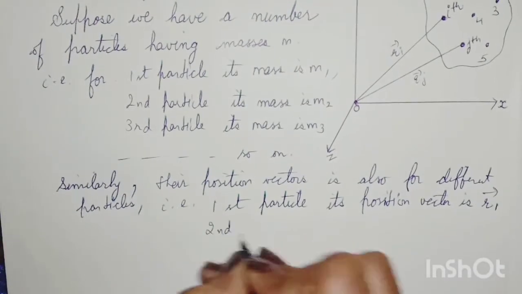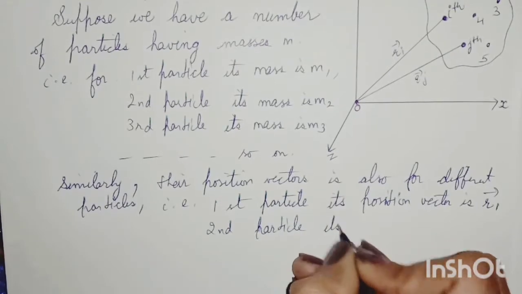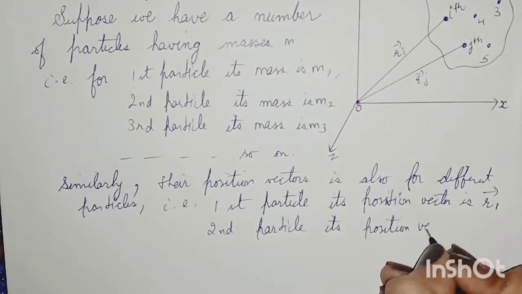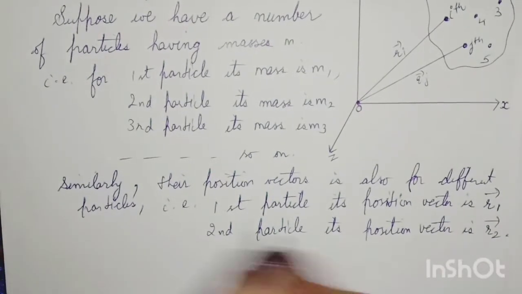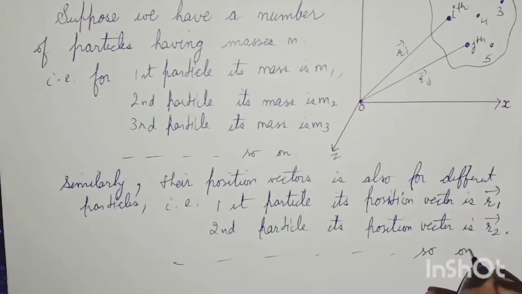For the second particle, its position vector is r2 vector, and so on.